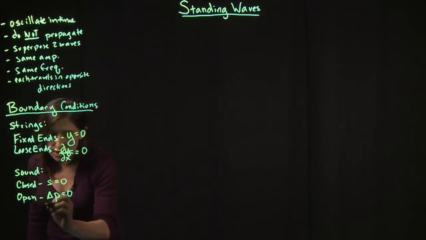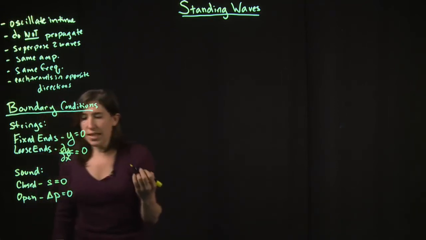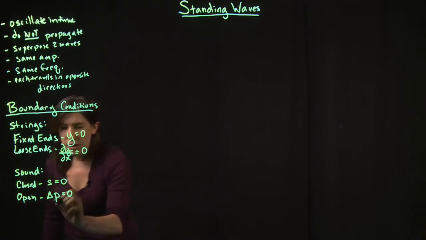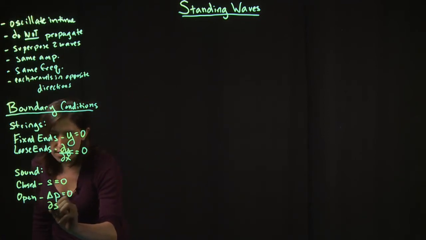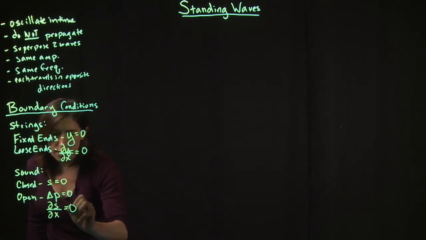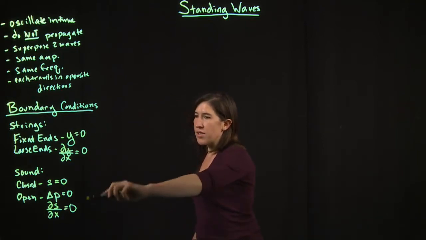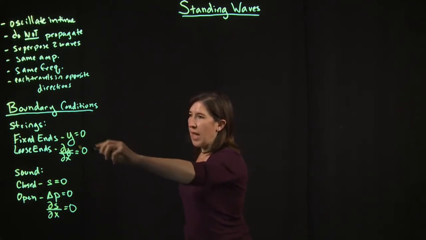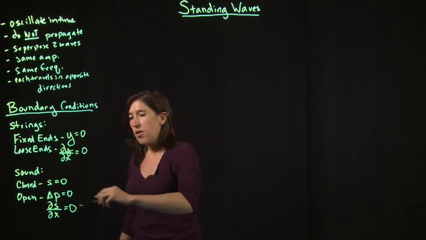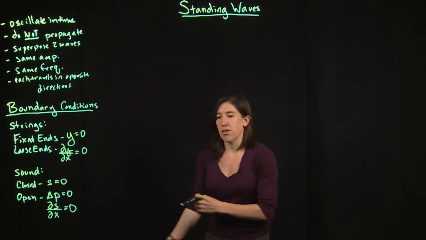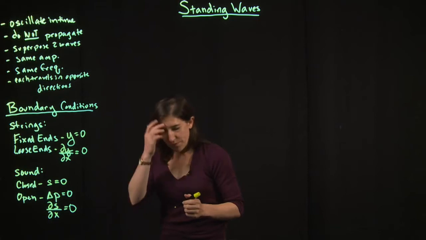Now, of course, the pressure is related to the displacement by the derivative. So this is really the same as saying that the derivative of the displacement with respect to position goes to 0. So what you notice right away is that these two different types of boundary conditions for strings and for sound waves are really identical types of boundary conditions.